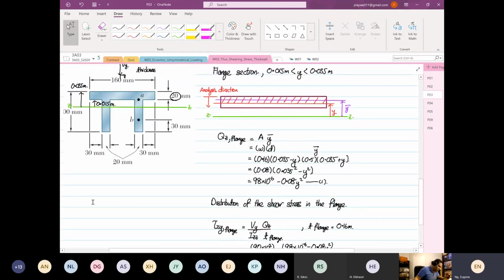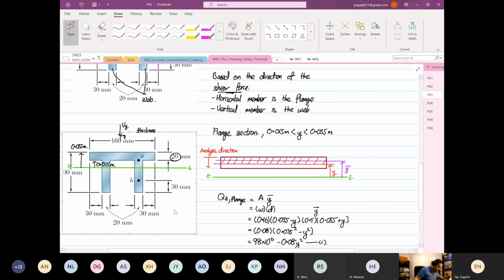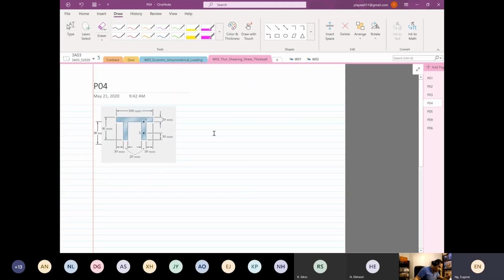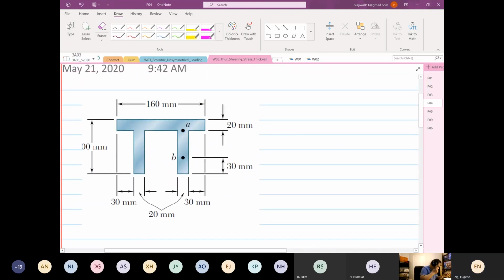So I'm going to again copy this image. We're going to look into this diagram again. Now we're finished with the flange.